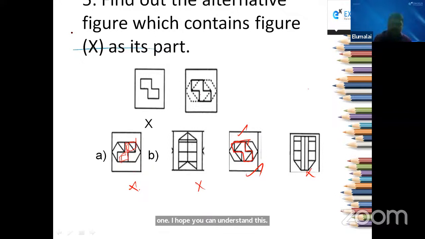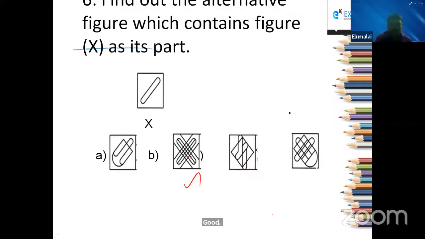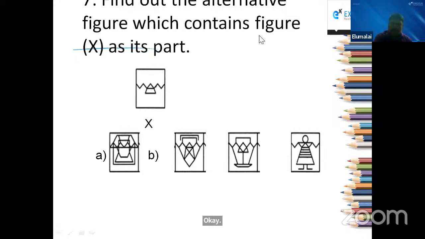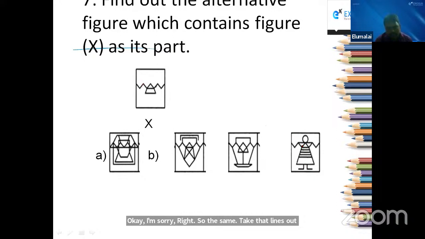Good. So here the answer is option D. The same zigzag lines are here and the triangle is here, and this line this way is also there, isn't it?